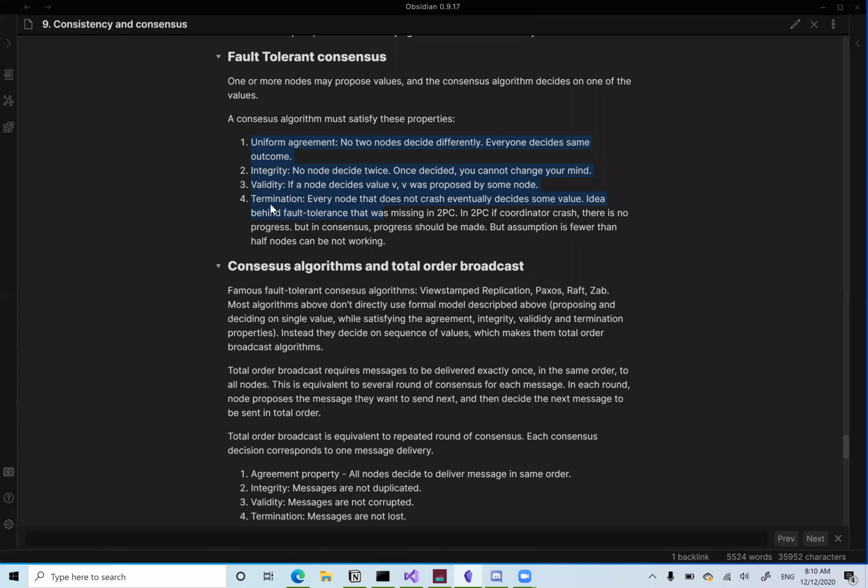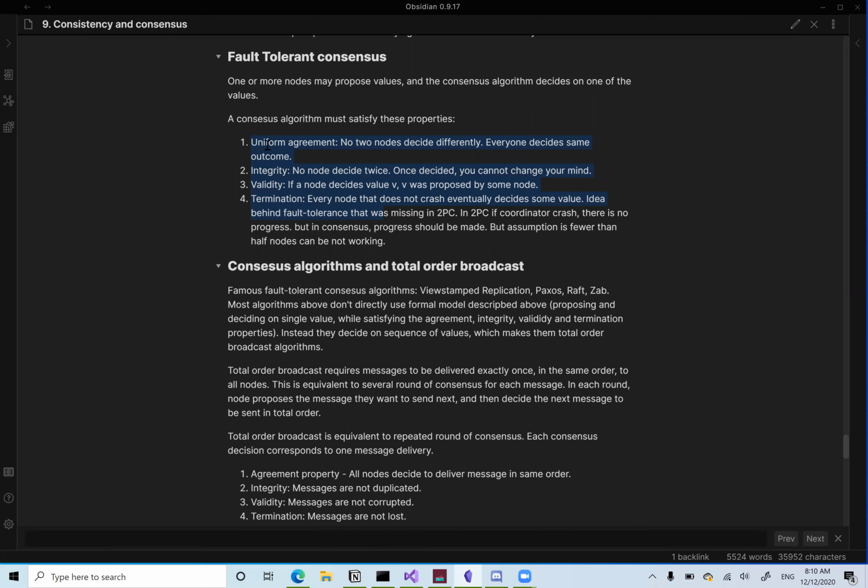So let's understand this with an example. Let's say we have a group of friends, and we want to discuss what we want to do on a Saturday evening. We want to agree on one thing to do, so that we can do it together. So by consensus, what are we expecting from that overall system?